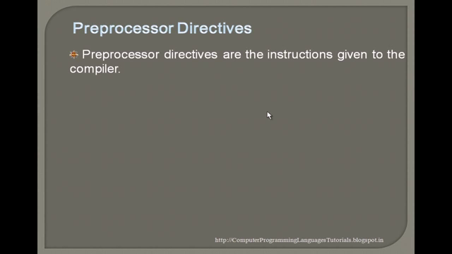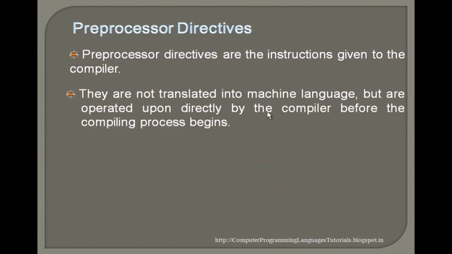Before that, here is a simple concept of preprocessor. As the name implies, preprocessor: pre and processor. It means that before processing your program, some other part is also there in your program, and that part is known as the preprocessor. These preprocessors are used to give some instructions to the compiler.